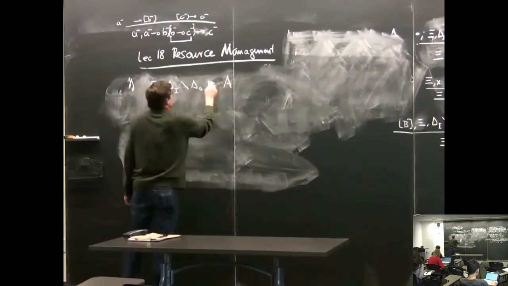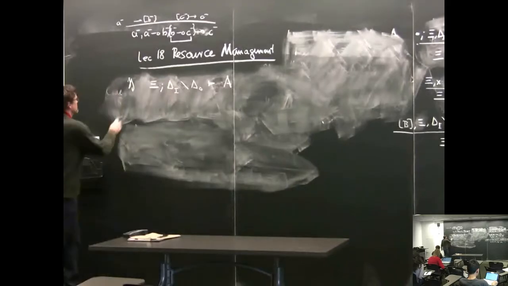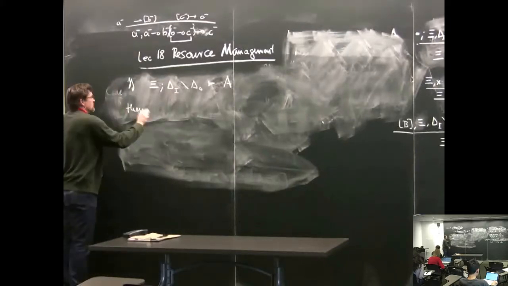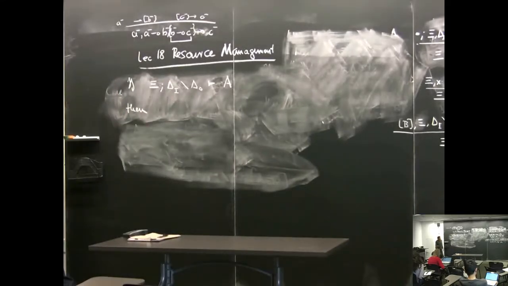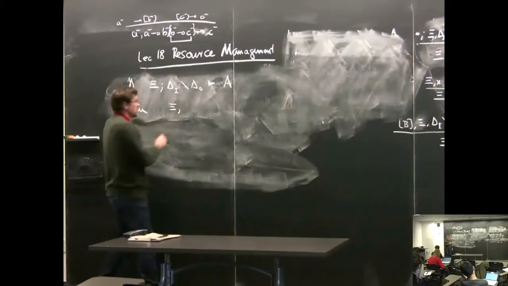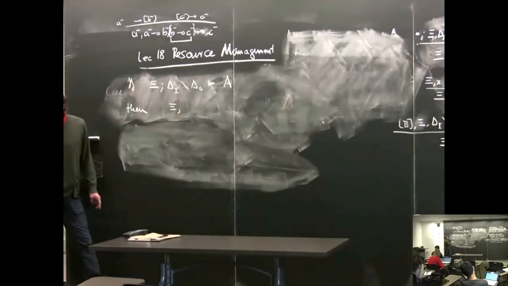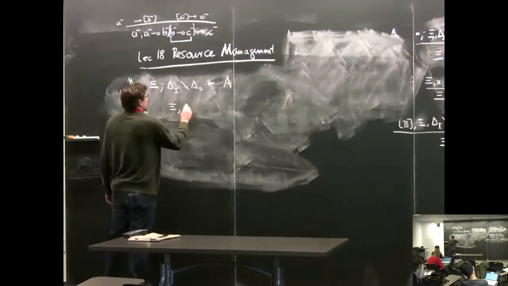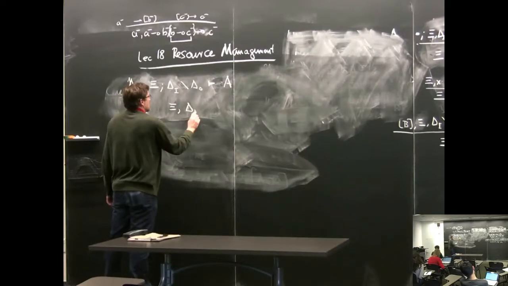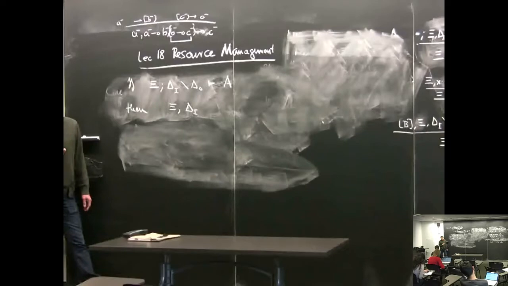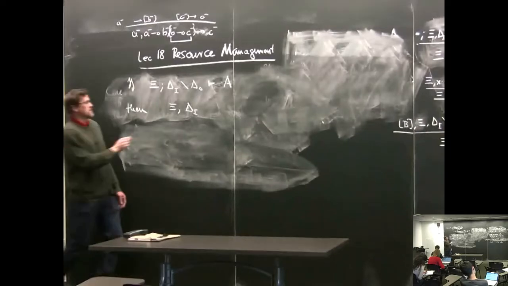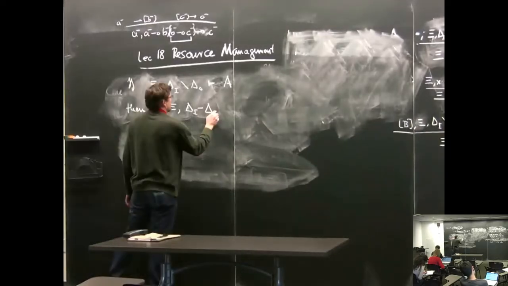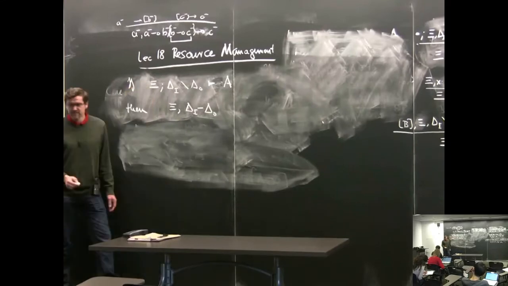I'll fix that in the notes. Psi comma delta I. You have to take delta O out of delta I, right? You have to take out the things you didn't use.